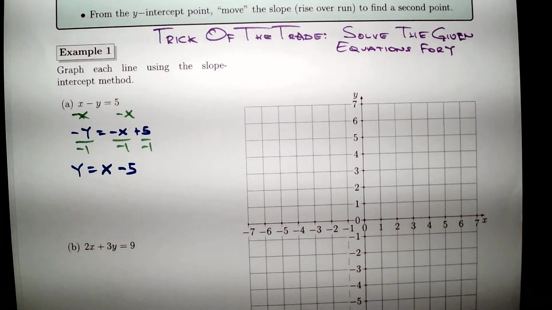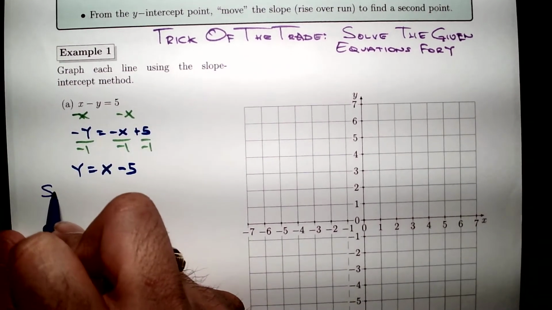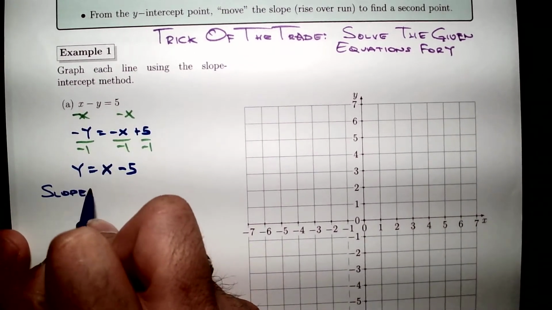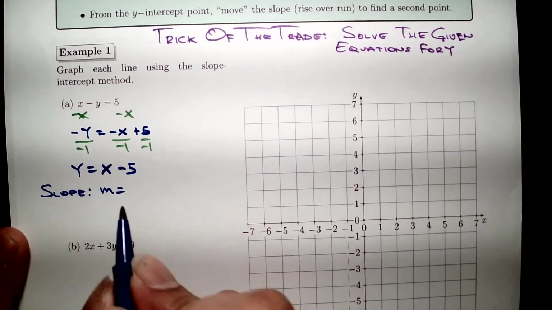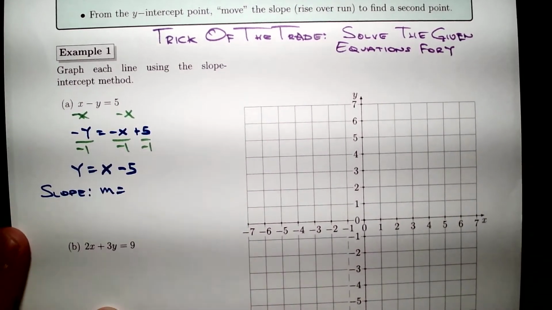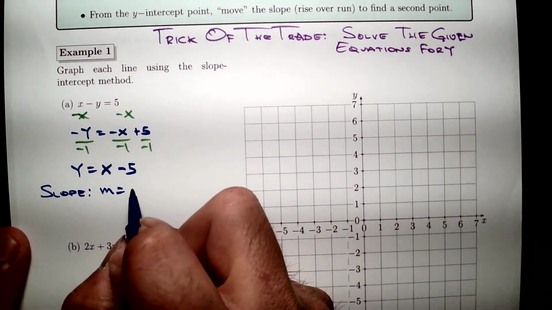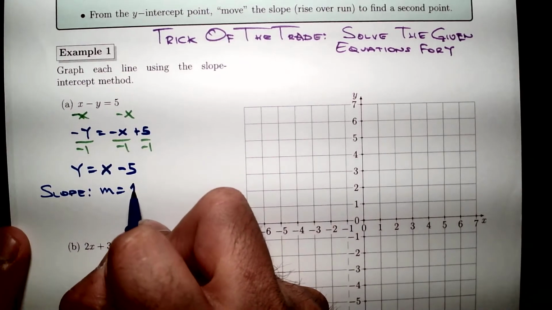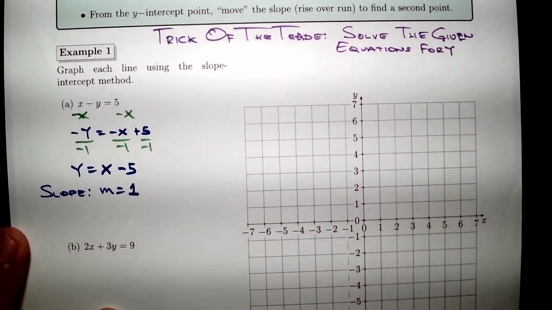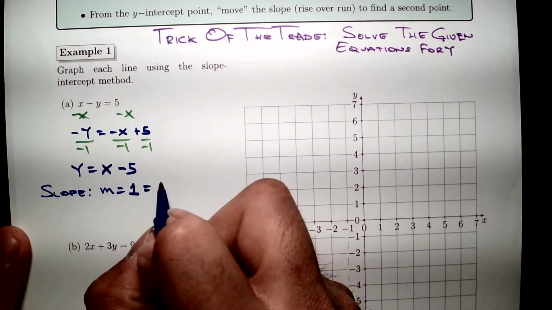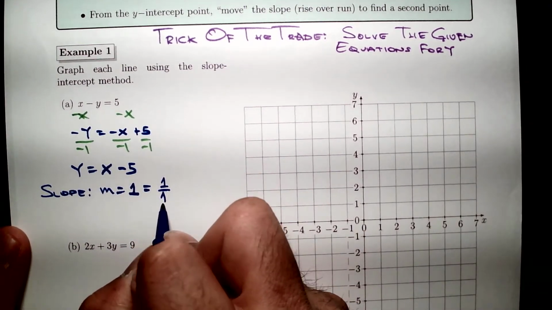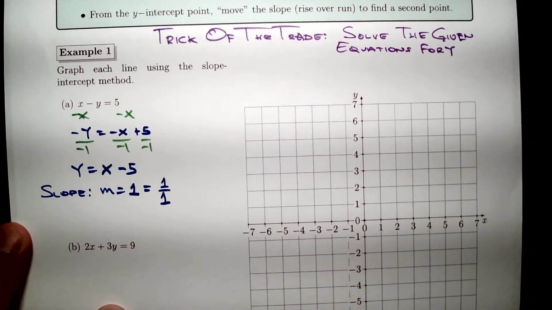From here, the slope m is the number that multiplies the x. There's no number visible, so we keep in mind that m equals 1. For our purposes, the number 1 is the same as 1 over 1. You will see why I'm writing it this way.